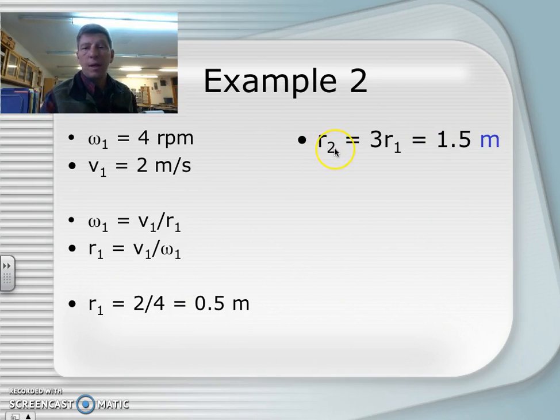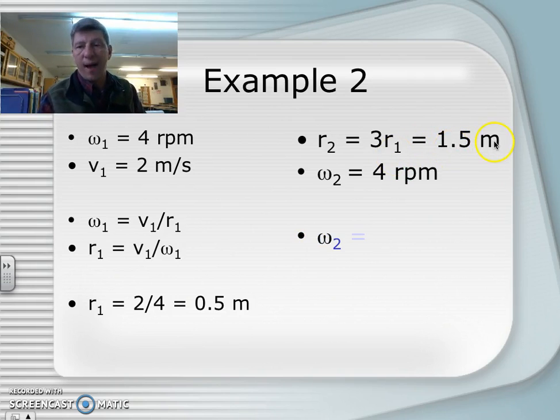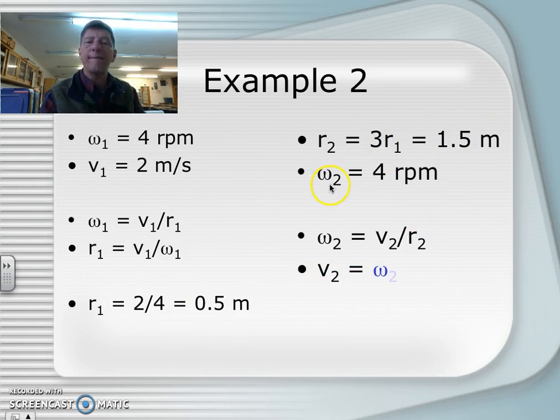Now, the radial position of the little girl, R2, is going to be 3 times the radial position of the little boy. And so 3 times 0.5 is 1.5 meters. All right, think about that. The R1 is 0.5, R2 is 3 times 0.5, or 1.5 meters. Now, that means that the rotational speed for the little girl is still 4 revolutions per minute.